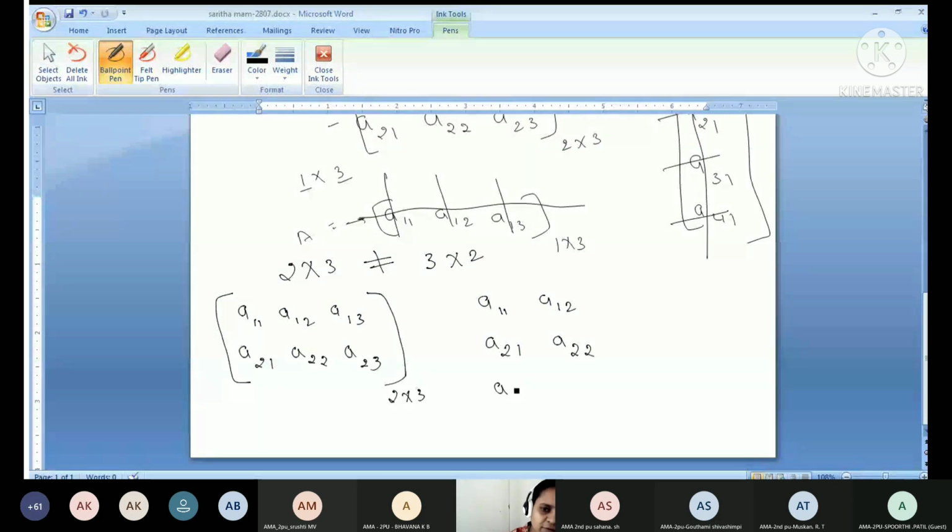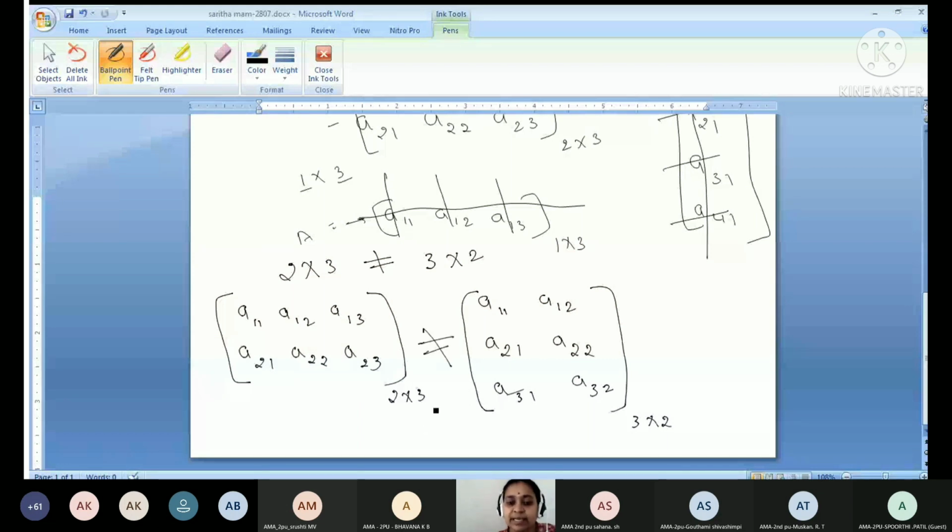Of course, the number of elements is equal. See here also you have 6 elements, here also you have 6 elements. The number of elements is the same, but both are different matrices. Here a third column is there, here a third row is there. Therefore, these two are not equal.